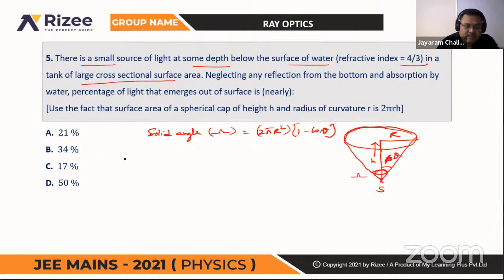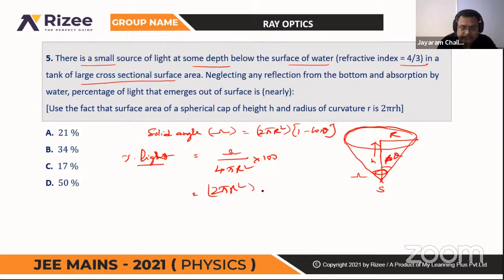So now from this one, the percentage of the light that is going out can be calculated as solid angle by total surface area, which is 4 pi r square, into 100. That is, 2 pi r square into 1 minus cos theta by 4 pi r square, into 100 will give you the percentage.